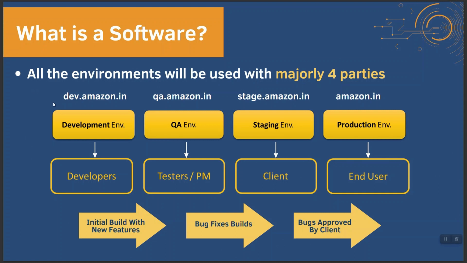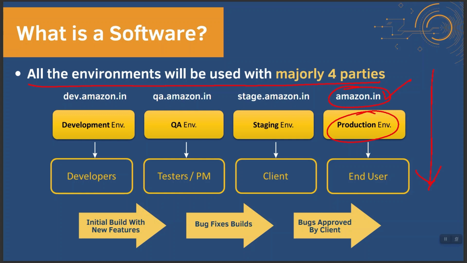Now, to understand the usability of all these environments by all the parties involved in the SDLC process, let's go through this representation. Let us assume that the production environment has a production URL which is amazon.in. Now, this amazon.in will be the final URL which will be hit by the general audience around the globe.